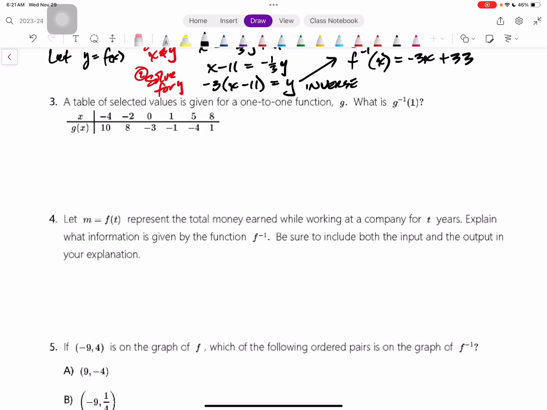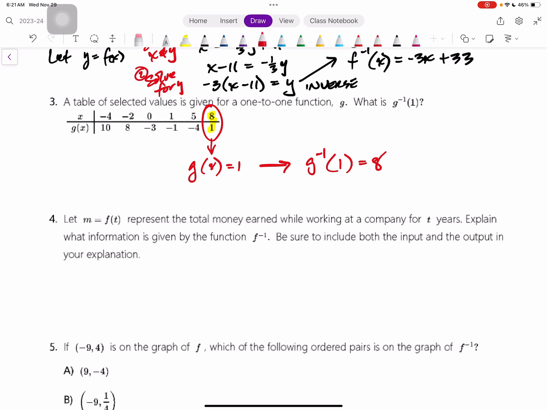From the table, the only y value is 1, where when x is 8, y is 1, or g of 8 is 1. So this right here tells me that g of 8 is equal to 1. Well, that tells me that g inverse of 1 equals 8.